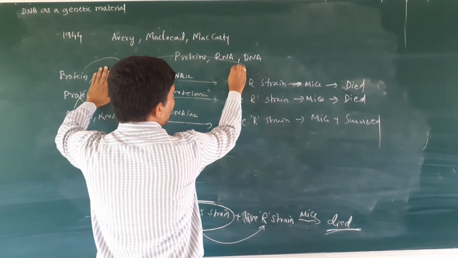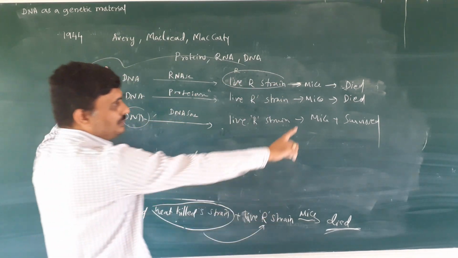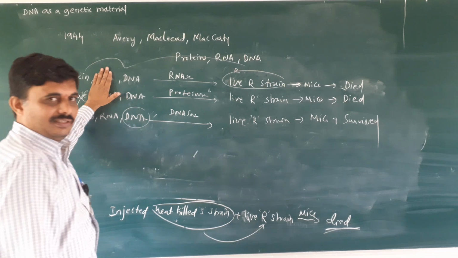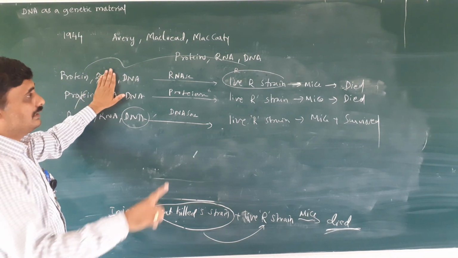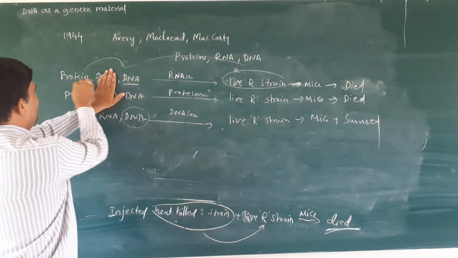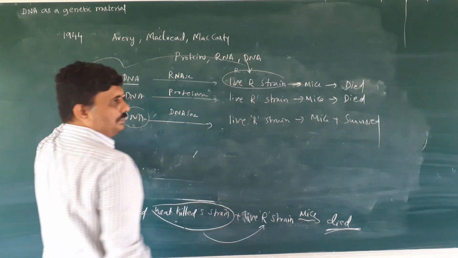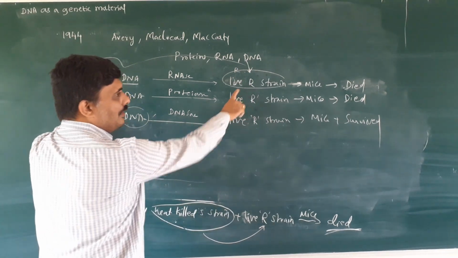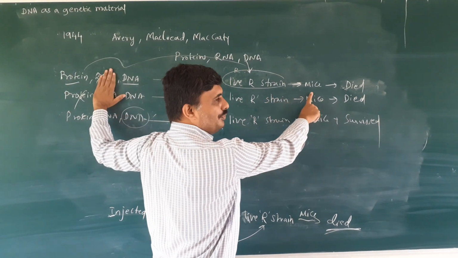When the protein and DNA are mixed with the live R strain, the mice died, indicating that RNA is not the genetic material. Either DNA or protein was transferred to the live R strain, converting it into the S strain, which is a virulent strain.